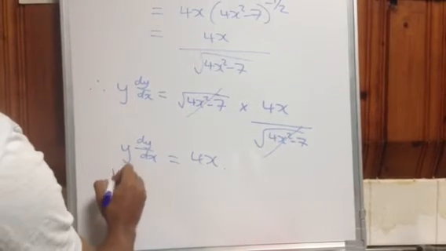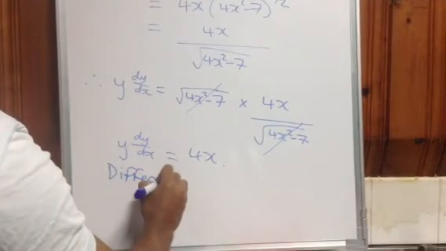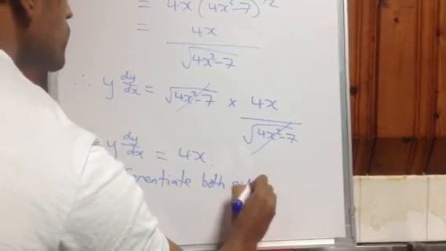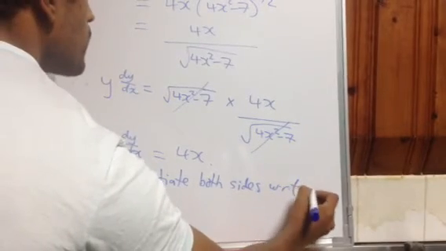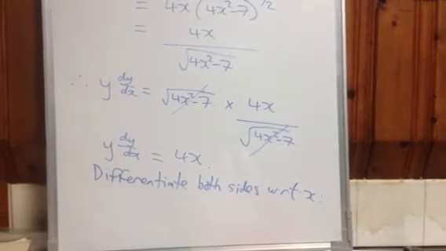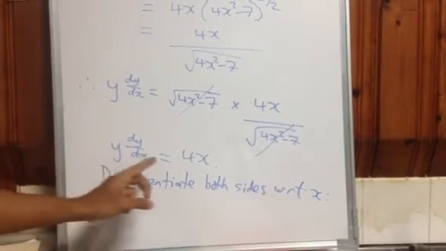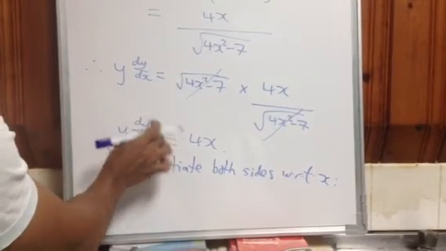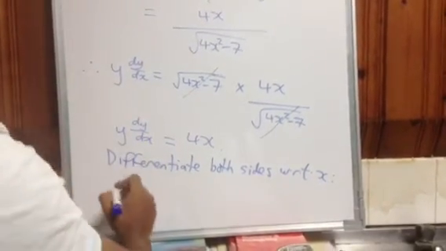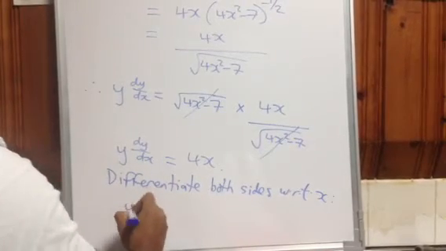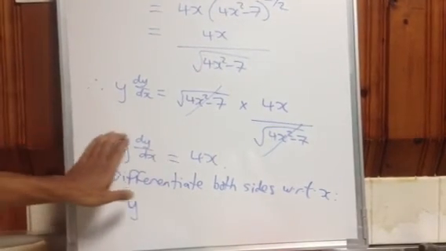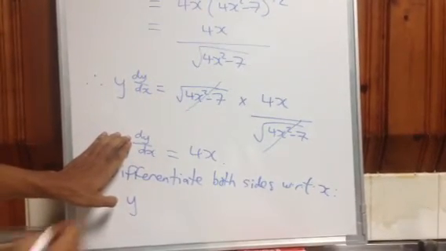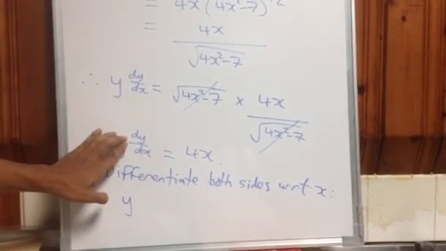So what we're going to do is differentiate both sides with respect to x, and applying the product rule, I'm going to leave y as is and differentiate dy/dx in terms of x. So first I will get y, now this remains as y, dy/dx, when I differentiate with respect to x, I'm going to get the second derivative, d2y/dx2.